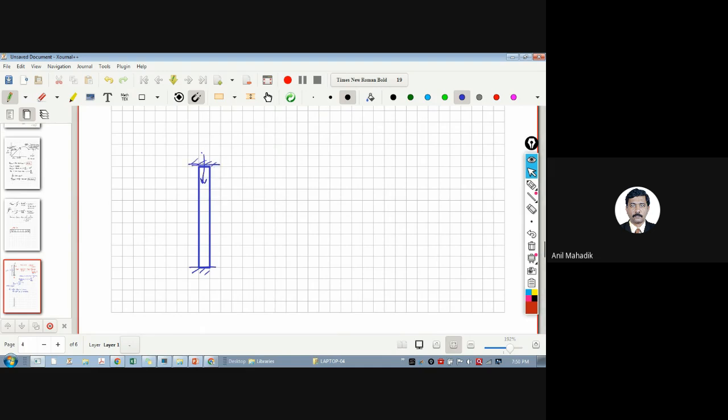So there is fixity on both ends. It will try to buckle like this. क्या करेगा? Due to the fixity, it will not buckle here, but it will buckle after some portion. Till that point it will be something like this, and then it will buckle, and again it will buckle here. If I show it in a line diagram, it should look like this. ऐसे कुछ तो होगा, and then it will buckle, and then again it will.